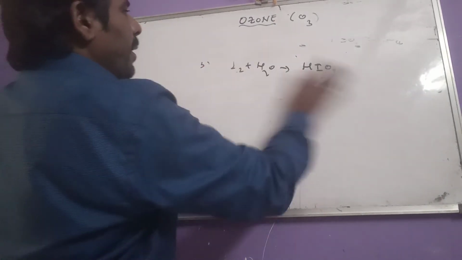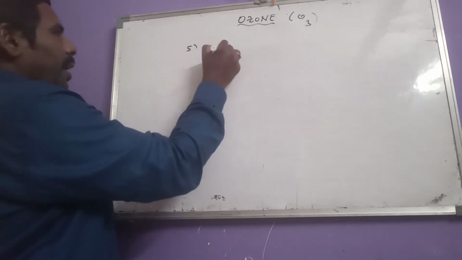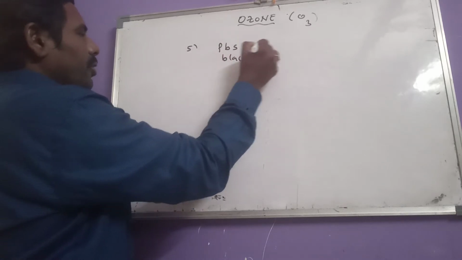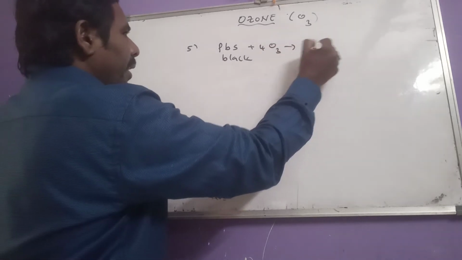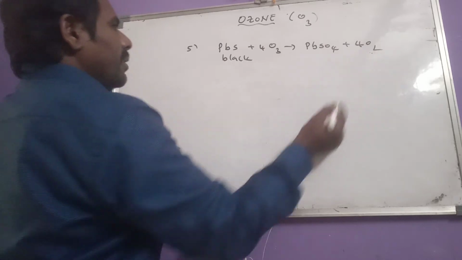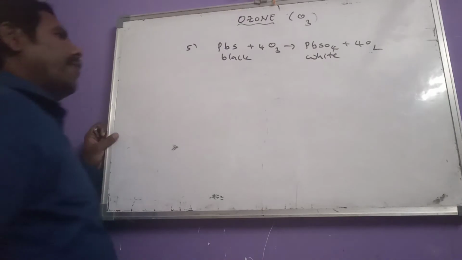What are the remaining properties? Black lead sulfide is oxidized to white lead sulfate. In this equation, oxygen is liberated.